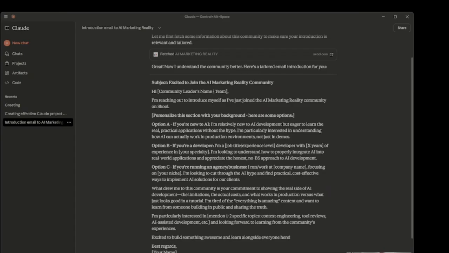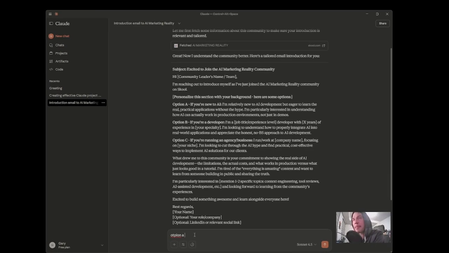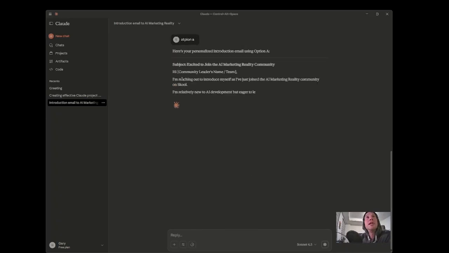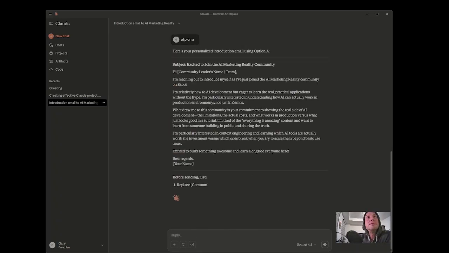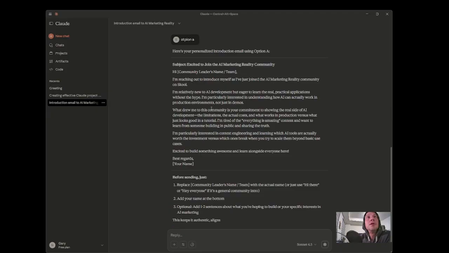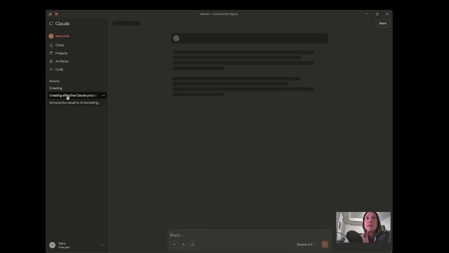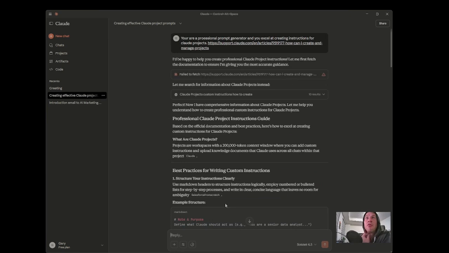So if we said option A, we're going to end up with a curated email like this, right? Yes, the time is different, but once you start using this, it will remember the context of the emails you said, so it builds off of it.